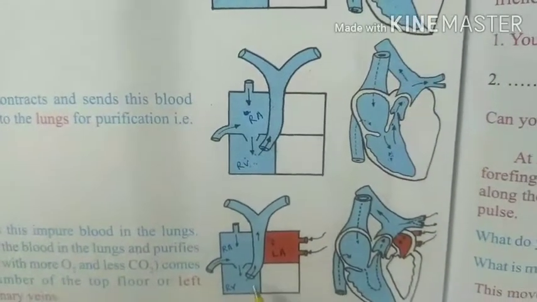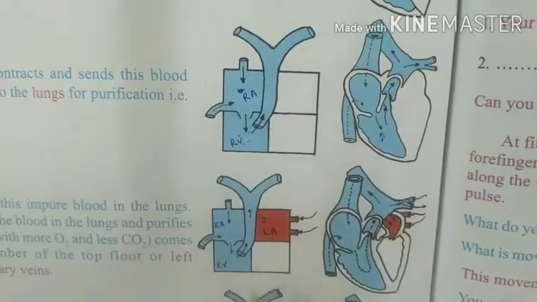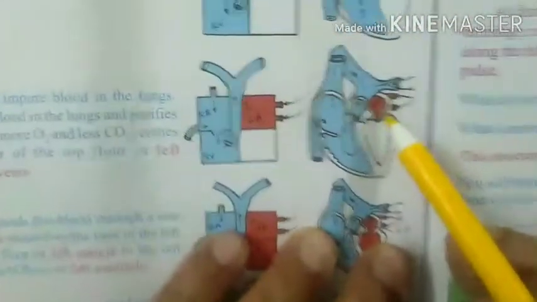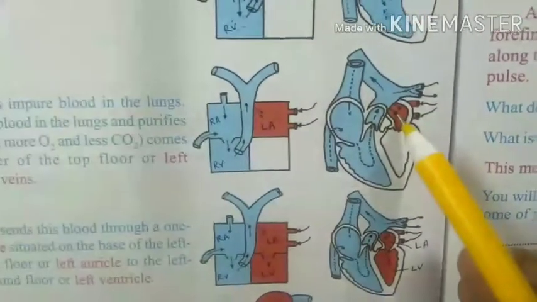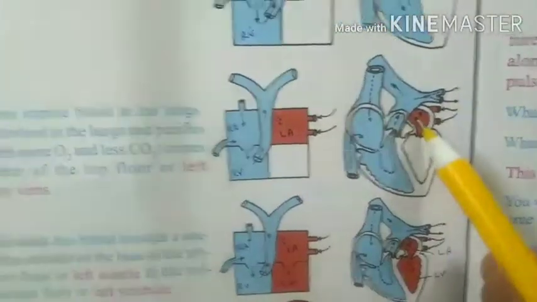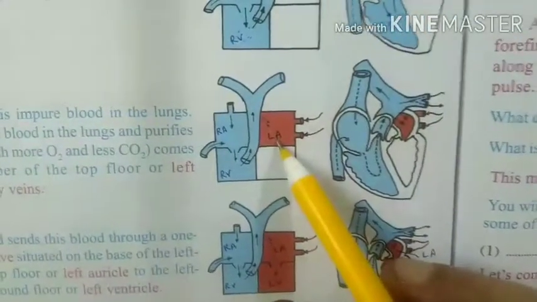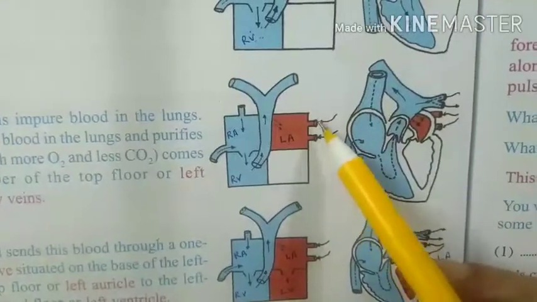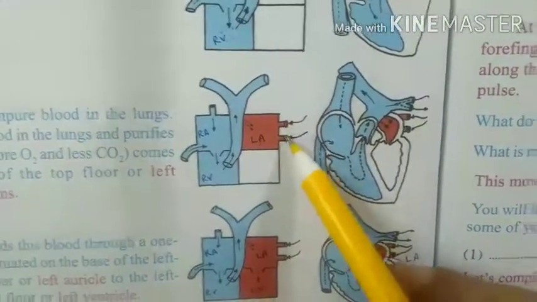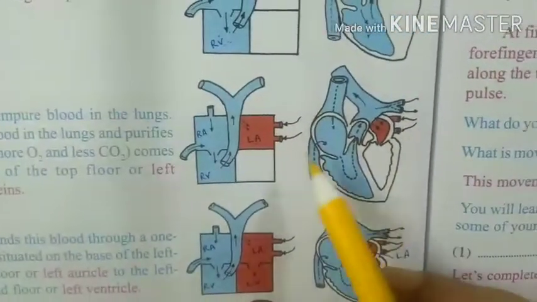Now here, this diagram. This is the left auricle. These are pulmonary veins. Very interesting.